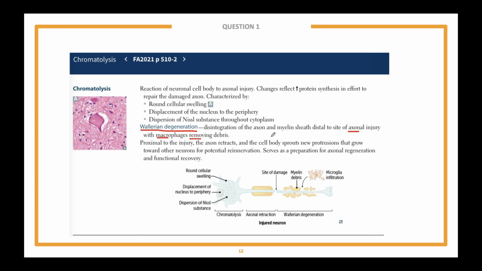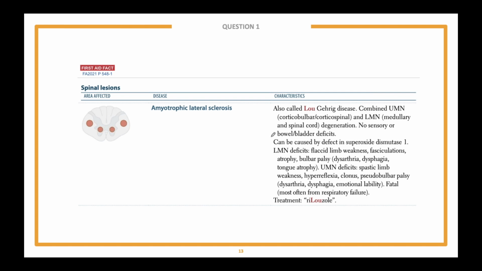And you can see a little bit of a picture there in that injured neuron diagram. On the next slide is a table about ALS, okay? And so you can see there, it's a combined upper motor neuron and lower motor neuron degeneration, okay?